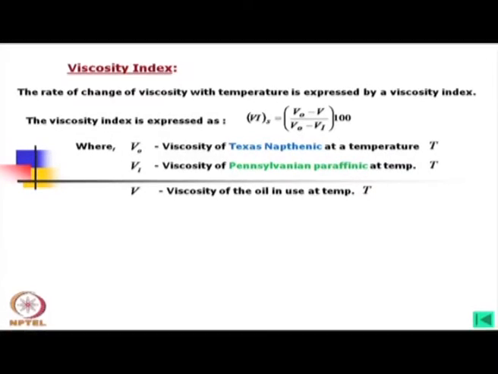These are the place Texas and the place Pennsylvania. There it is the product mined from those places, and it was found they have some differences with respect to the change in viscosity with temperature.